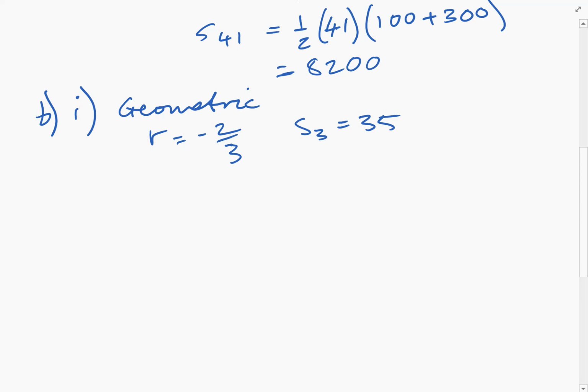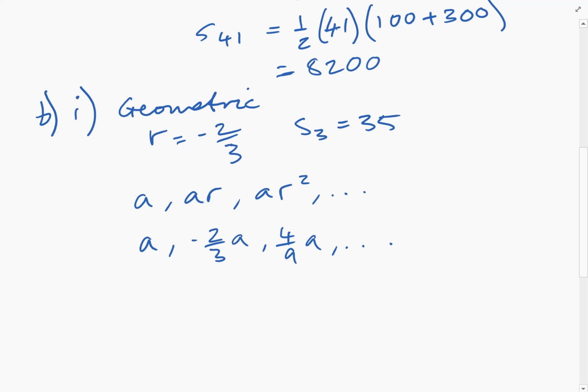So since this is geometric, the sequence will look like this. The first term will be a, the second term ar, the third term ar squared, and so on. But we do know, since we know that r is minus 2/3, the terms will be a and then minus 2/3 of a, and then if we square 2/3, we're going to get 4/9, so we're going to get 4/9 a, and so on.